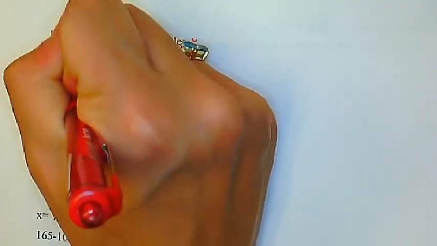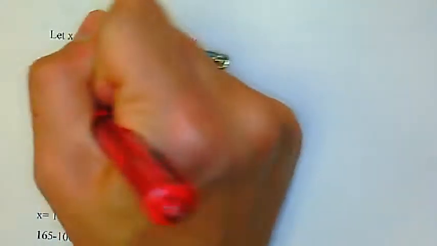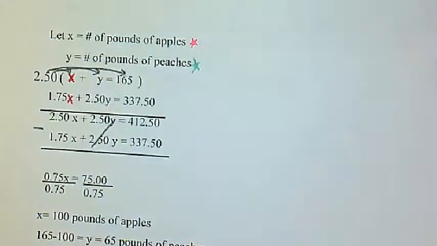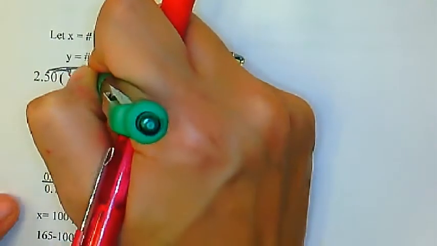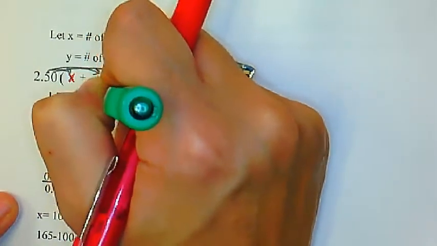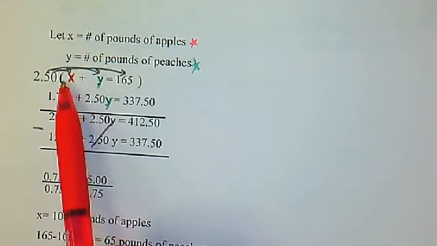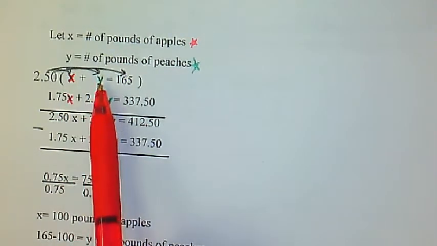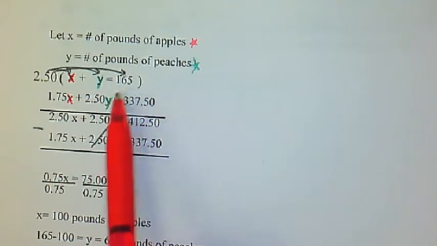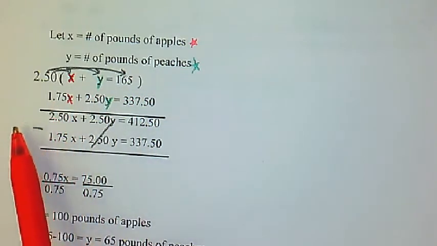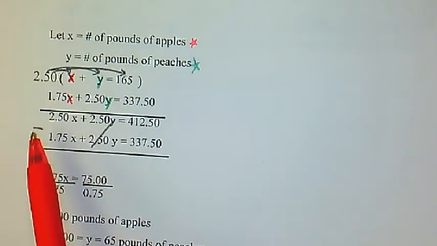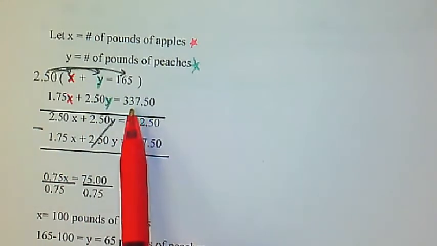Okay, so if I have my apples and my peaches, it told me that I have a total of 165 pounds. So I know that when I add the apples and peaches, I get 165. I also know that she made a total of $337.50.